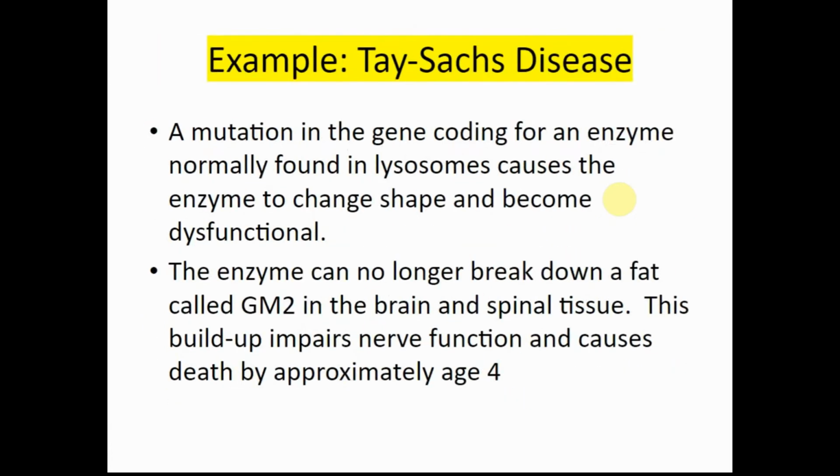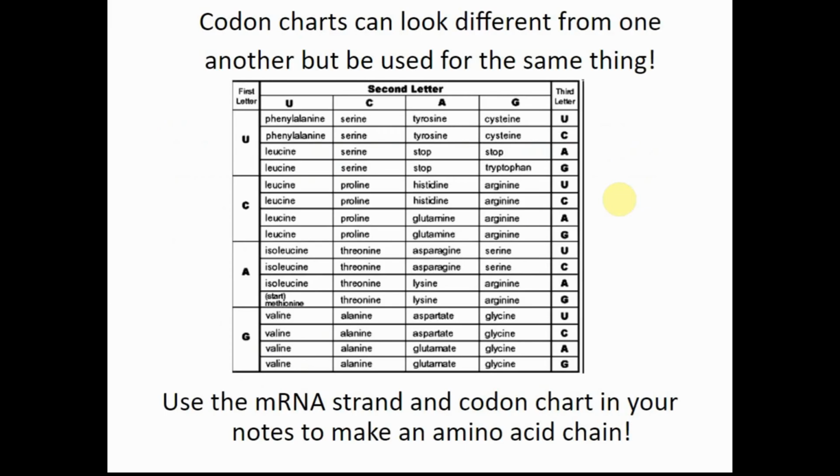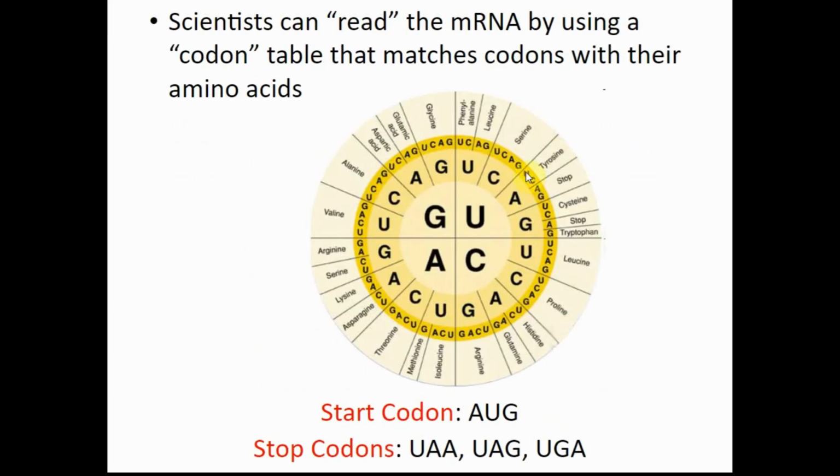If we look at our codon chart here, we see that both UAU and UAC code for the amino acid tyrosine. So if changing the DNA changes our mRNA from UAU to UAC, that's going to be a silent mutation because it won't affect the amino acid that's put into the polypeptide.